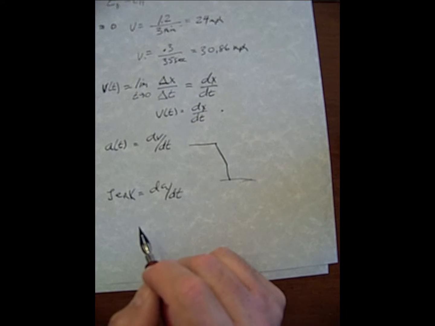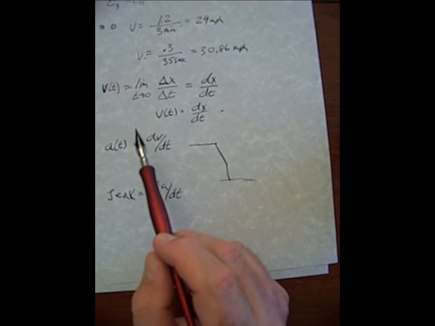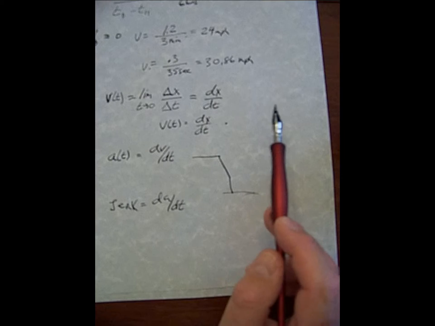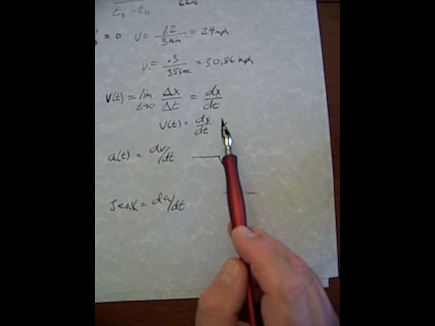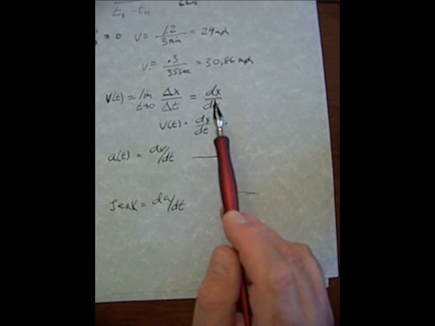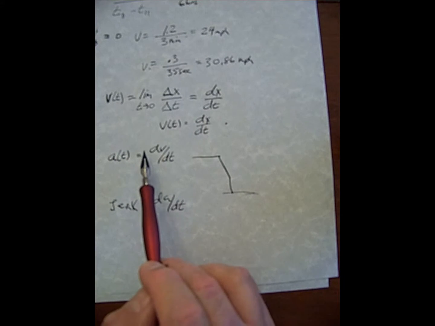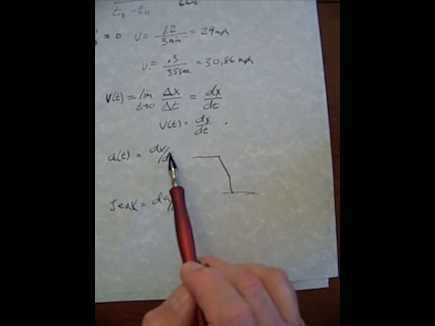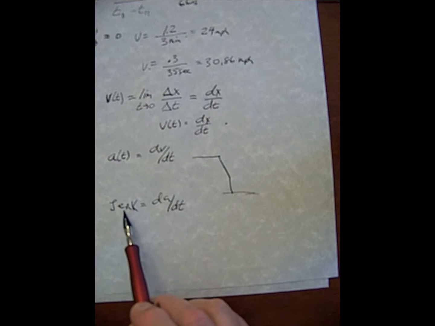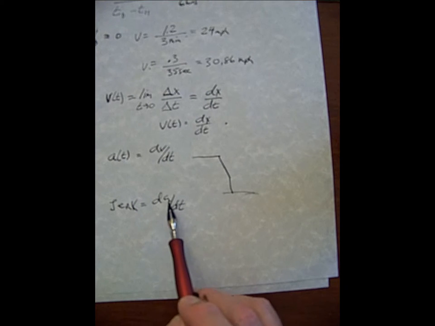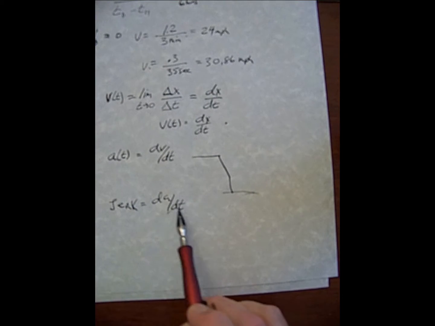So we have position x. If we change our position in a certain amount of time, that's velocity, dx/dt. If we change our velocity with time, that's acceleration. It's equal to change in velocity per time. If we change our acceleration in time, that's equal to change in acceleration divided by change in time, da/dt.